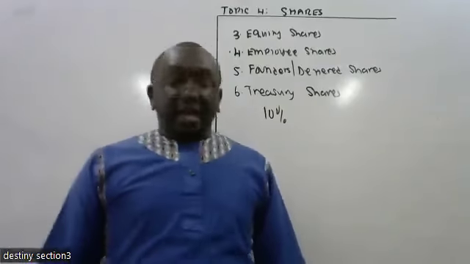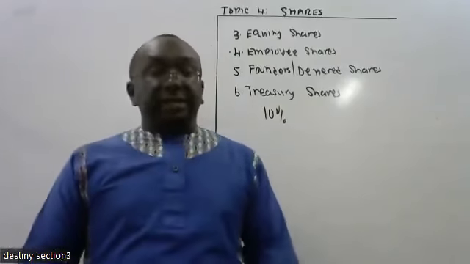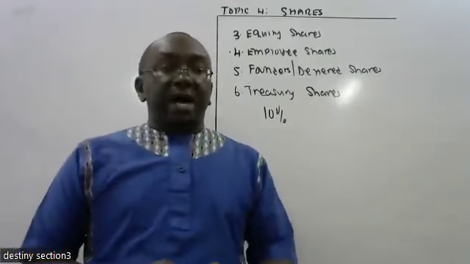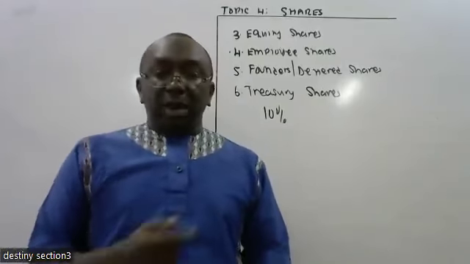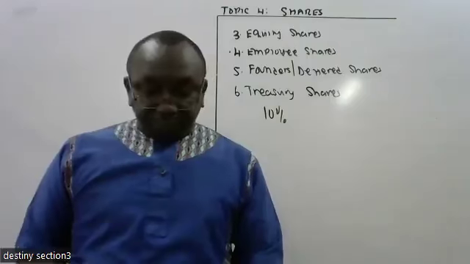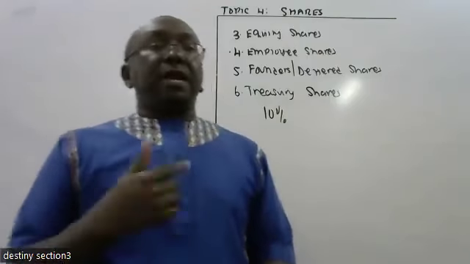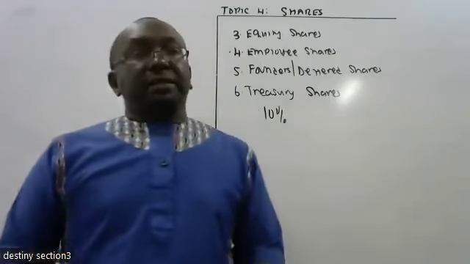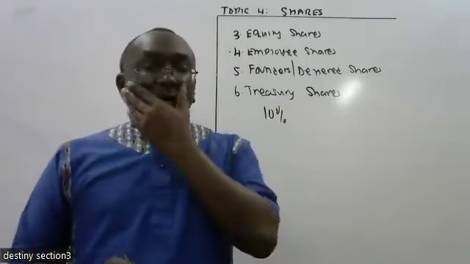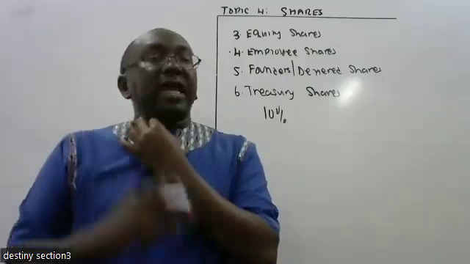So those are the treasury shares. We are saying they are shares that the company can buy. But remember, when we were looking at the issue of capital, we said that a company cannot buy back its own shares, or invest in itself.